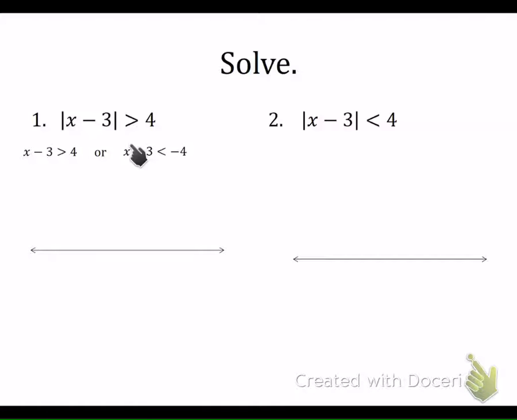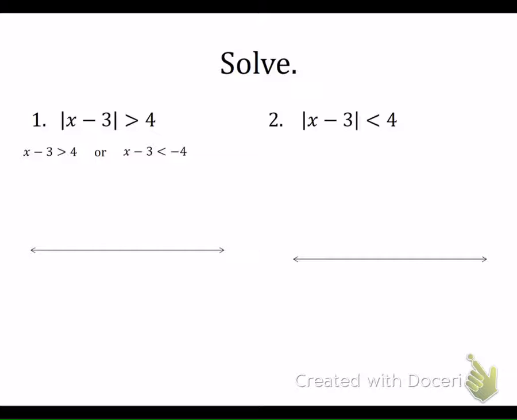Remember in absolute value equations, we dropped the bars, we made it positive, we dropped the bars, we made it negative. Same thing here, but when we drop them the second time we flip the symbol and we make it negative. And I'll show you why after we do the first 2 examples. I just want to show you an example, and then we will sort of see if we can reason our way through it.